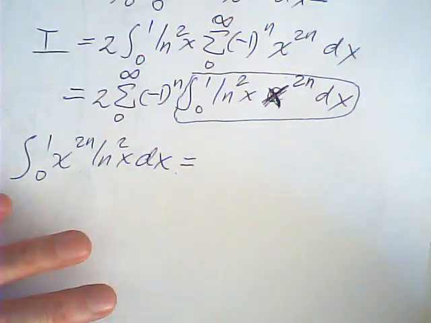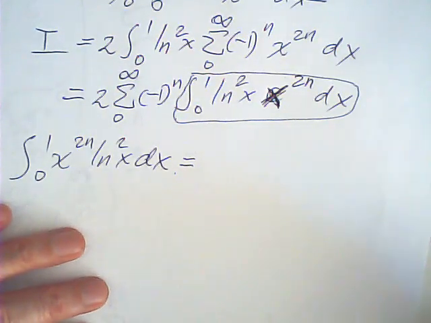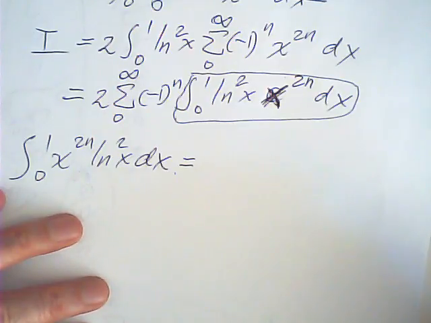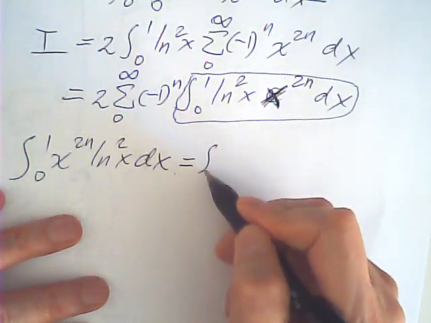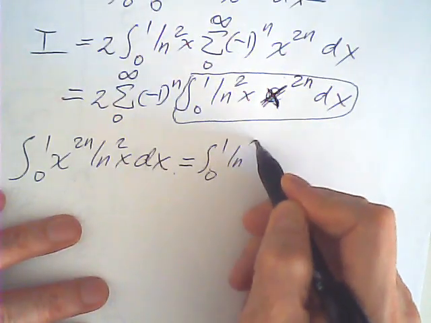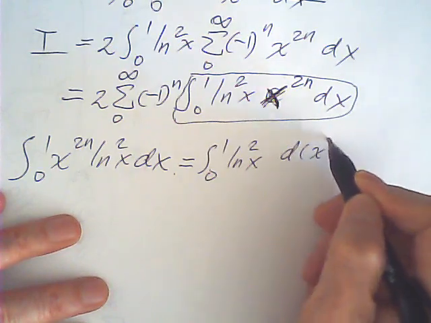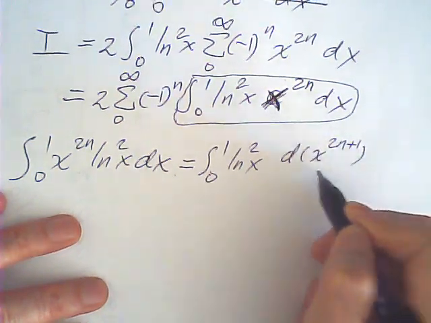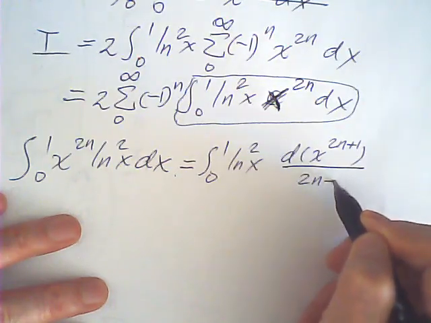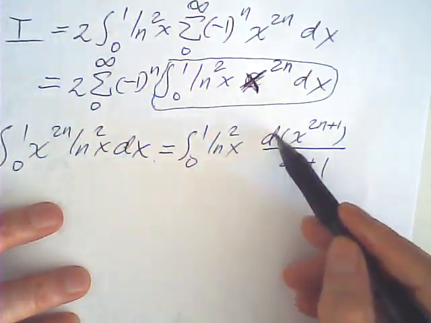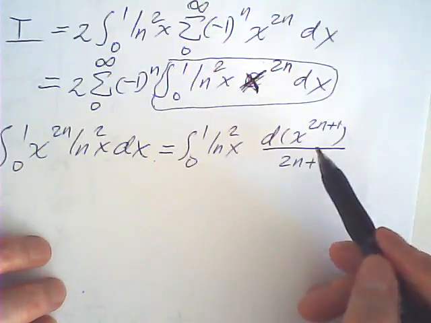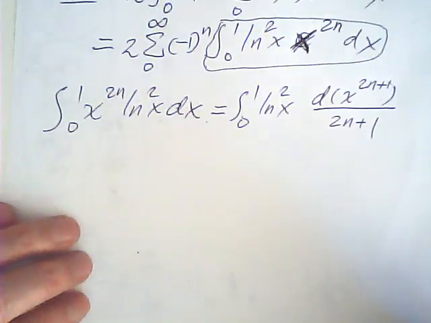I can set up some conditions for integration by parts. From 0 to 1, log x squared, and dv is x to the 2n dx, so v is x to the 2n plus 1 over 2n plus 1.